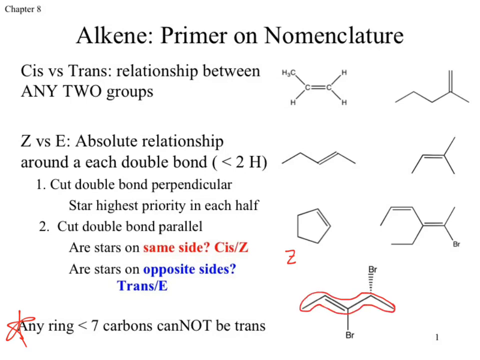So we've got a pentane. Where's our double bond start? Say 3 and 4. Okay, we've got between 2 and 3 or 3 and 4. Which one do we use? 3 and 4. Why do we use 3 and 4?